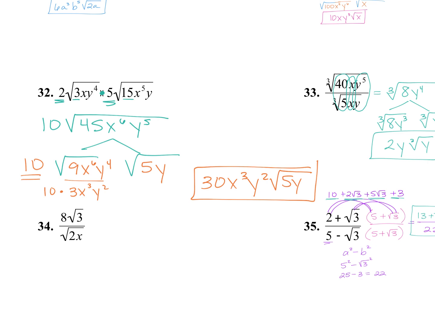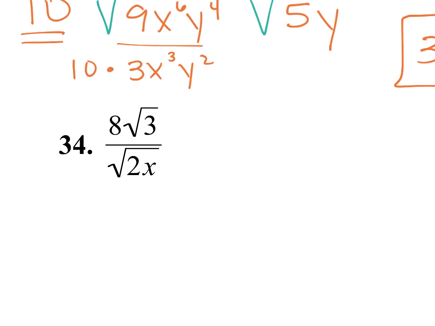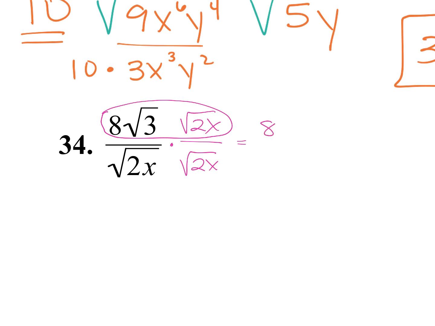What's next? 34. 34? Okay. How do you rationalize this? By the denominator over itself, right? So multiply by the square root of 2x over the square root of 2x, okay? So on top, that's going to be 8 rad 6x.